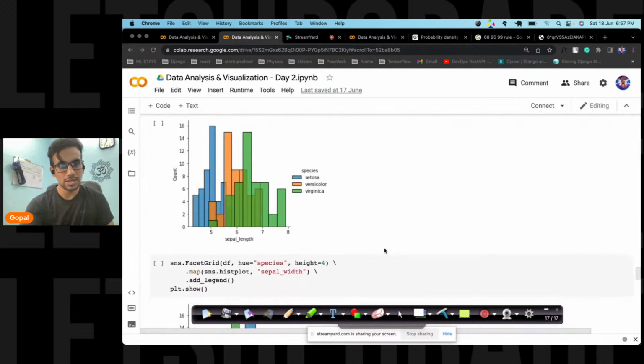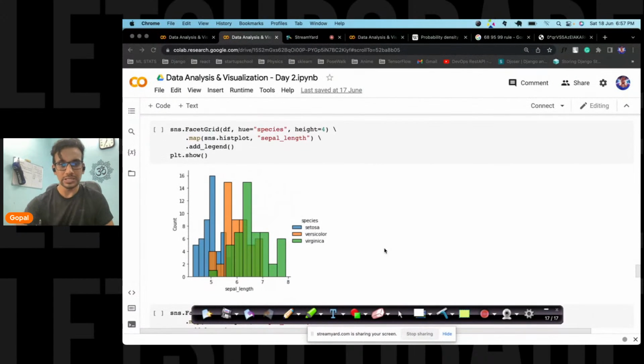If we scroll down a bit, you can see it's nothing but a mess here. If we talk about the Setosa here, maybe till this point for sepal length, till some value like 1.2, I don't know, I'm just making a wild guess here, but still it's extremely overlapped, so you cannot make any good decisions from this graph.